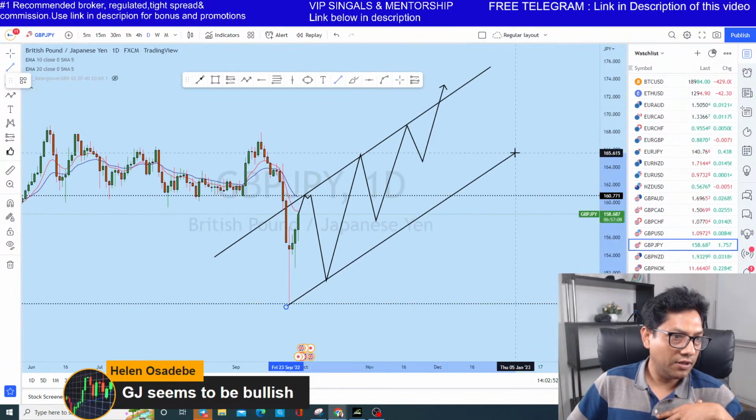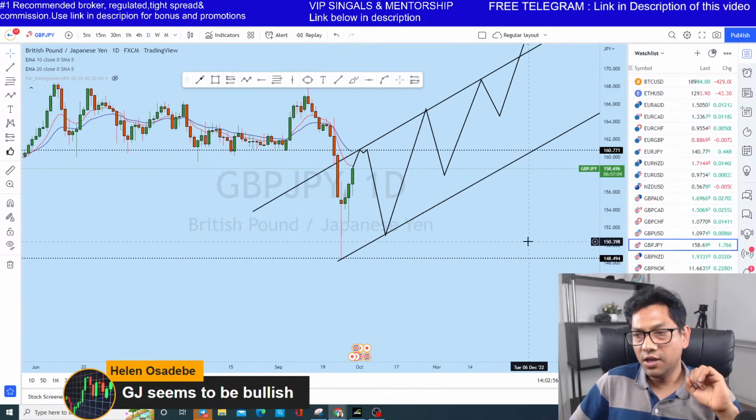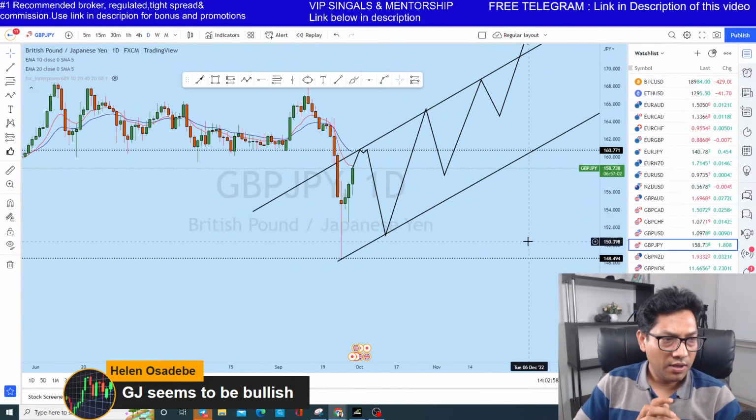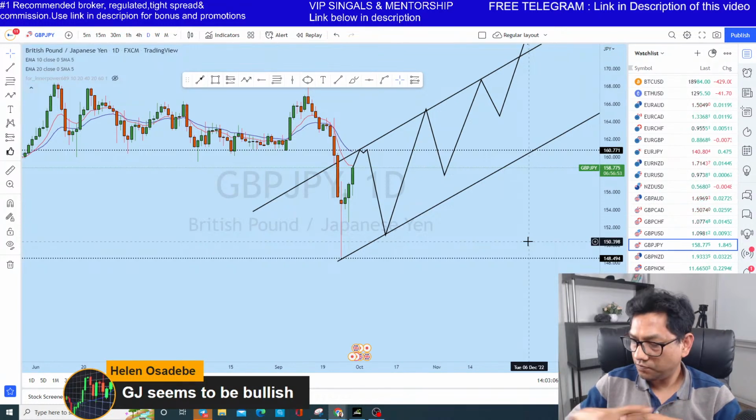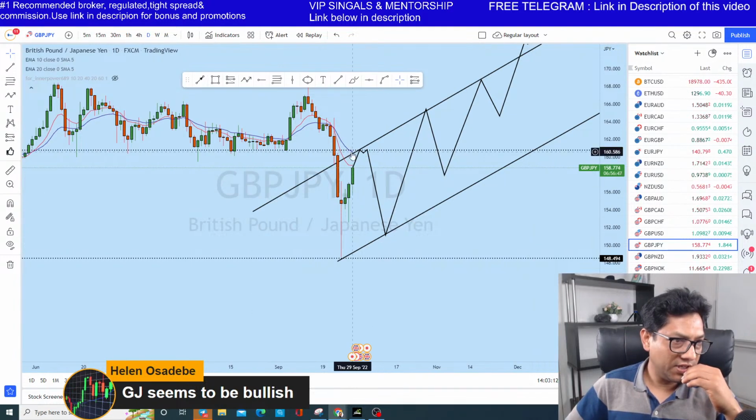But I think that GJ will go in that fashion. So for me to trade GJ, these are the zones that I will be waiting for GJ to give me a possible trading opportunity. First of all, this is the zone coming up next, the daily 20 period moving average.